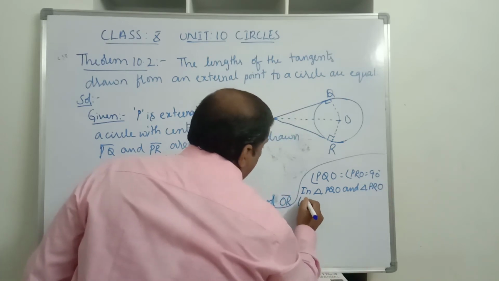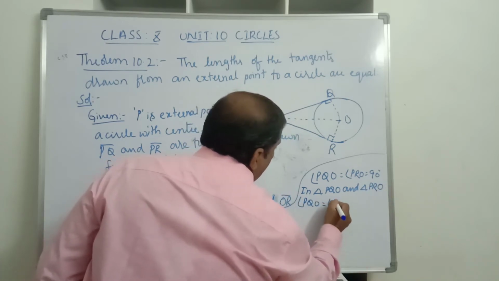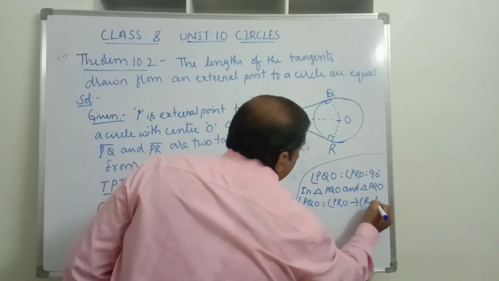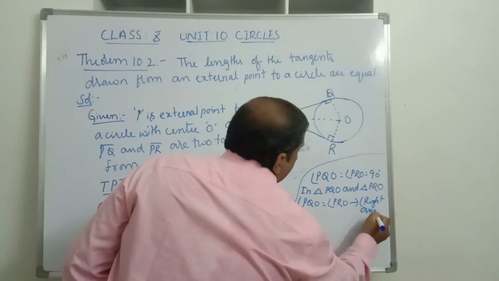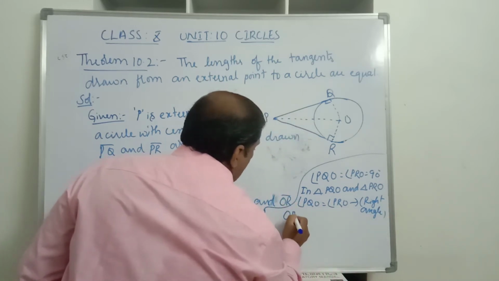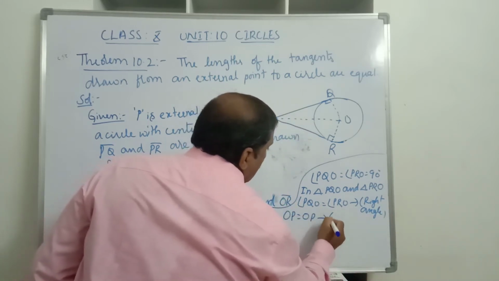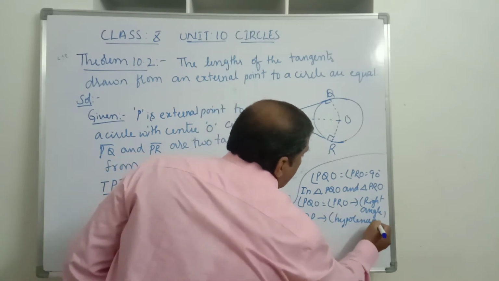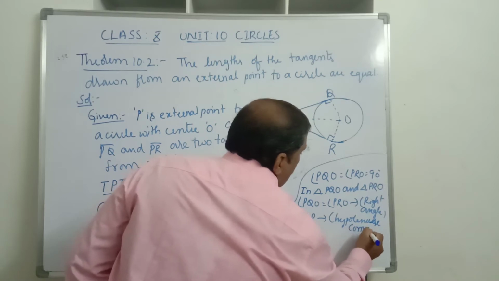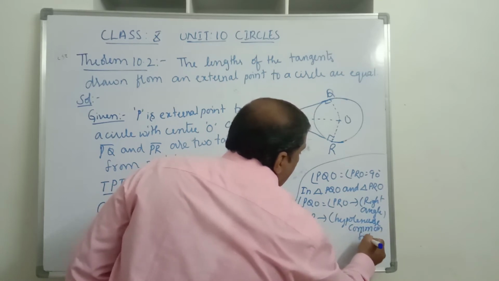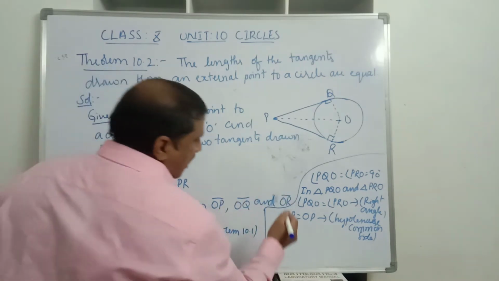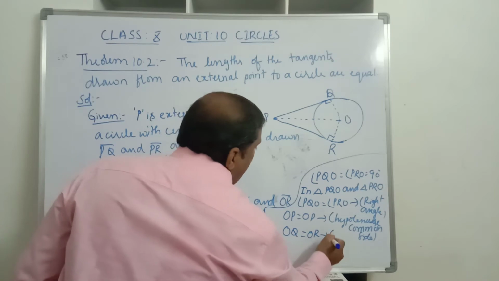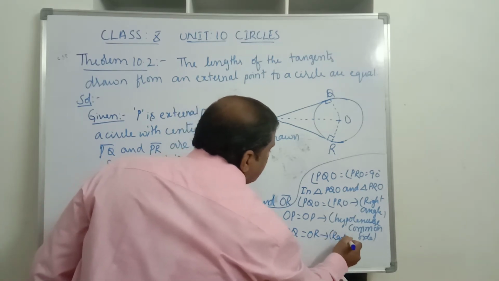Angle PQO is equal to angle PRO, a right angle, and OP is equal to OP, the hypotenuse, a common side for both triangles, and OQ is equal to OR, the radii of the circle.